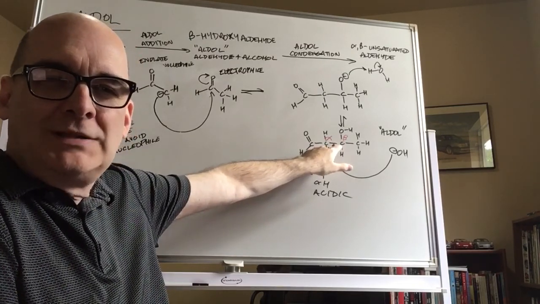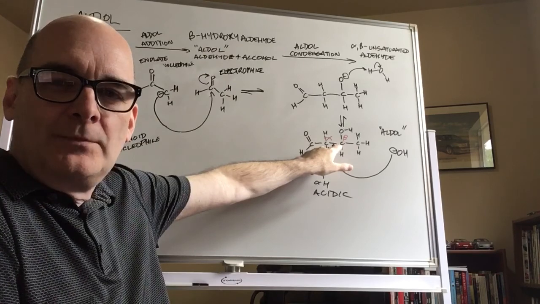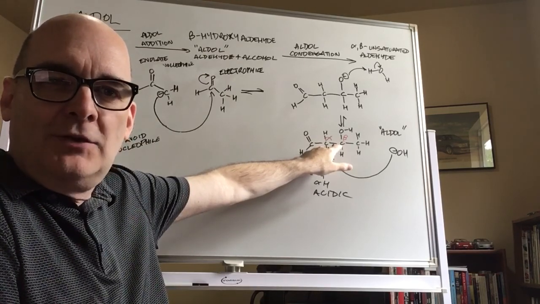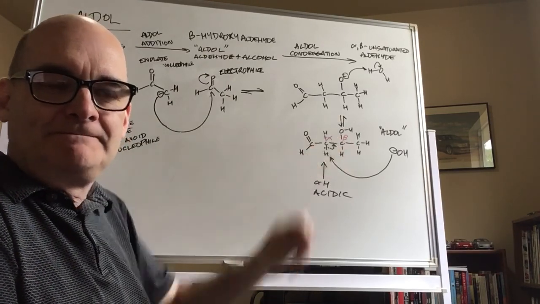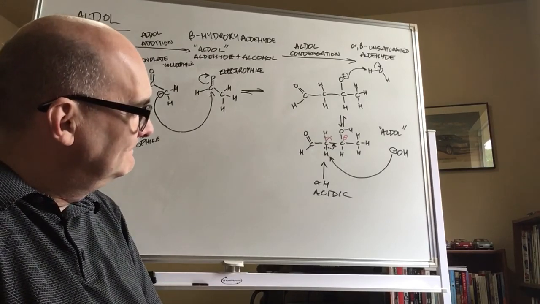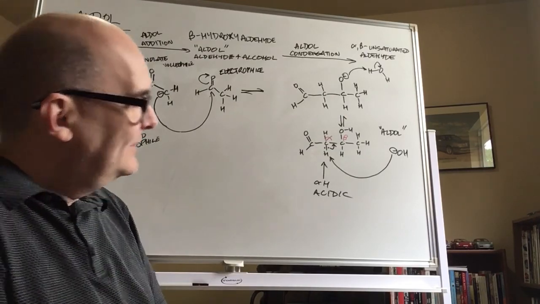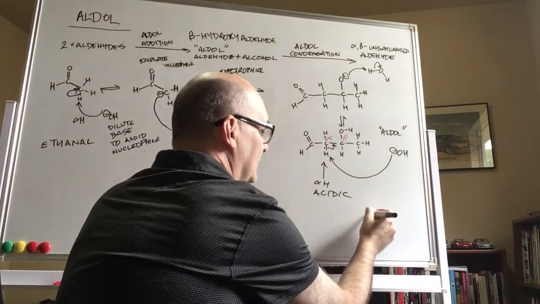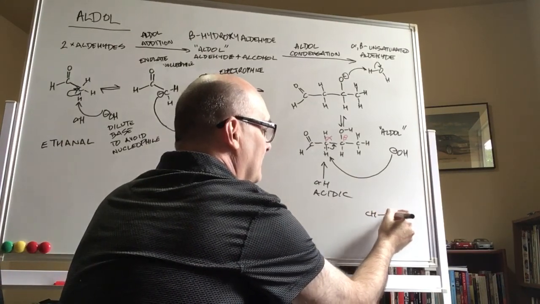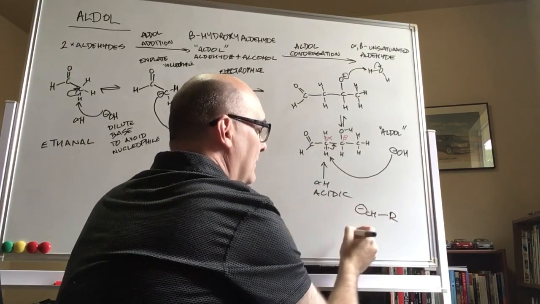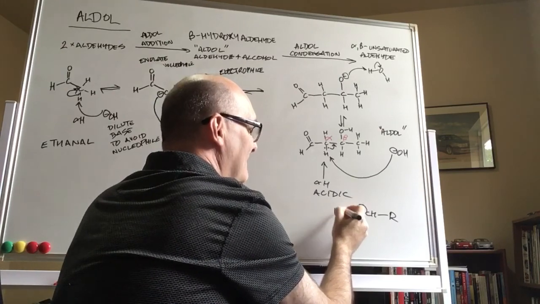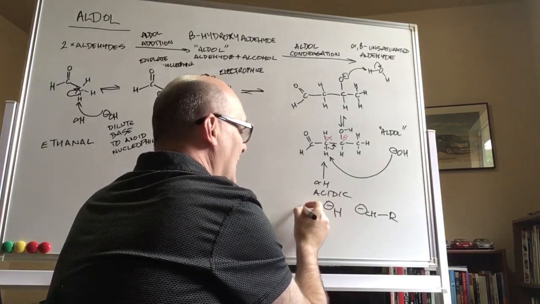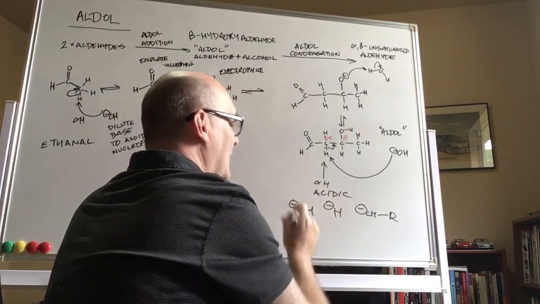So it's going to let go of the weakest thing that it's holding. That gives us a choice of either a carbanion, a hydride ion, or a hydroxide.